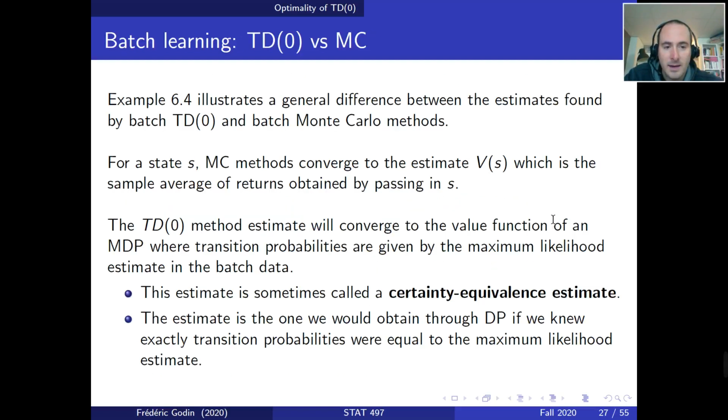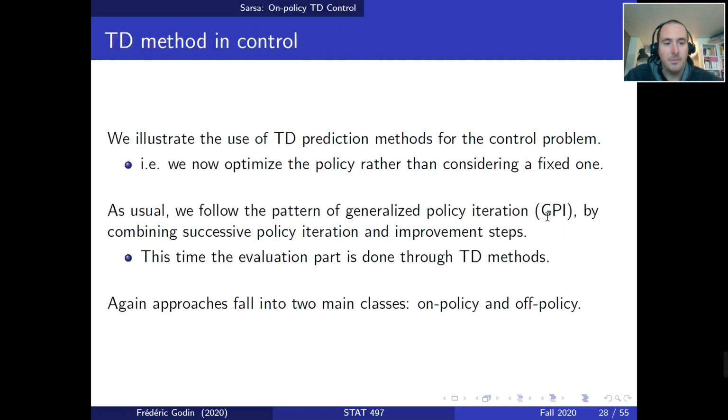Okay, so let's pursue. We were at slide 28. As mentioned, we're now gonna tackle the control problem, where we don't only want to have an estimate of the state value function, but rather we want to optimize the policy and find, of course, the associated optimal value function.